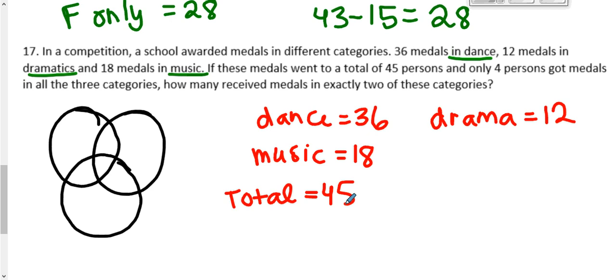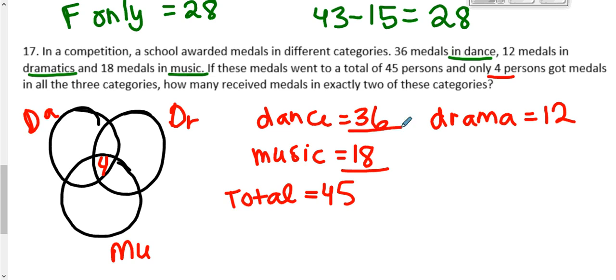And only 4 people got medals in all 3 categories. So if dance is here, dramatics is here, and music is here, that would mean 4 is all the way in the middle.